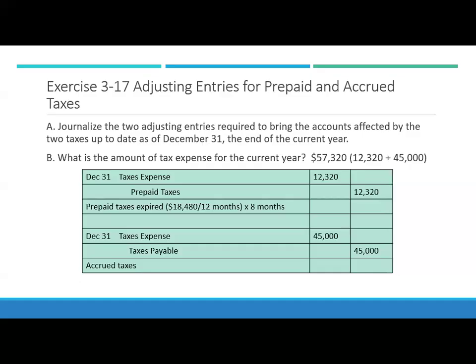If a business knows that they're going to owe taxes on the corporate tax deadline of March 15th, they have to accrue for that in the year in which the taxes were actually earned, when the profit was generated that's going to be taxed.